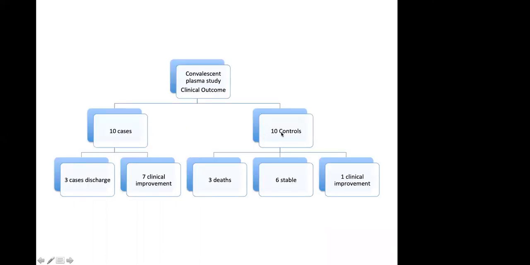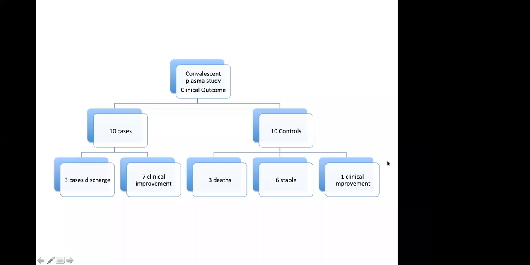And they compared them to 10 historical controls, and these controls were matched for age, gender, and severity of presentation. So in comparison, between the cases that received the convalescent plasma, 3 were discharged and the rest have clinically improved and were still in the hospital at the time of submission. And then compared to the controls, 3 died, 6 were stable, and 1 had clinical improvement.